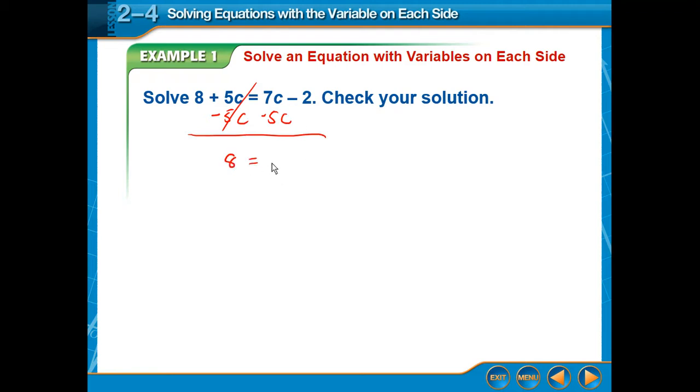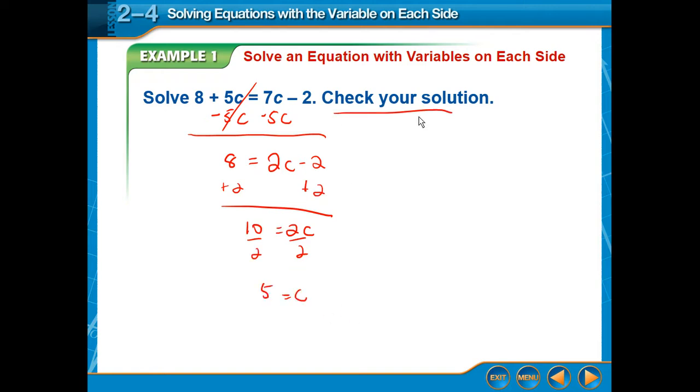And on this side, I get 2c minus 2. So now I only have a variable on one side of the equation, and it looks like equations we were solving in the last section. So working backwards, we're going to add 2 to each side and get 10 equals 2c. And then divide both sides by 2 to get 5 equals c.